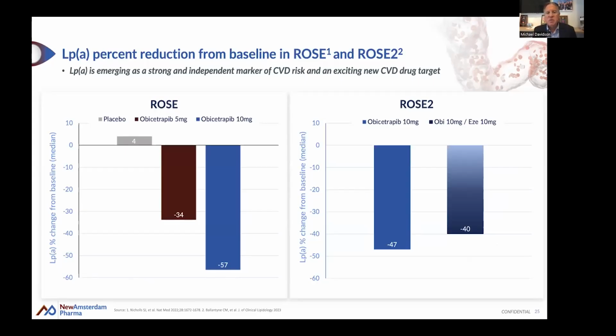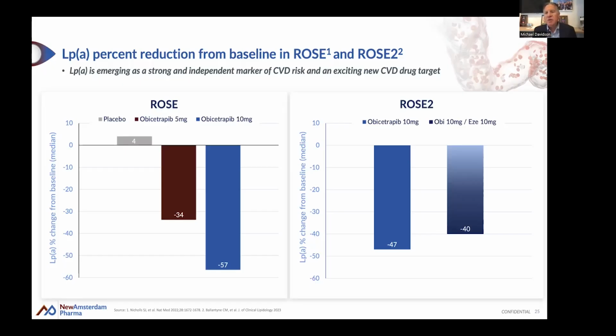So here's the individual trial data on Lp(a). This is another exciting benefit. We're not seeking an Lp(a) lowering indication, but yet we see that in patients that have high Lp(a), obicetrapib, as other CETP inhibitors did, but to a lesser degree, lowers Lp(a) somewhere between 57% in the ROSE trial to 47% with the ROSE2 trial as monotherapy.